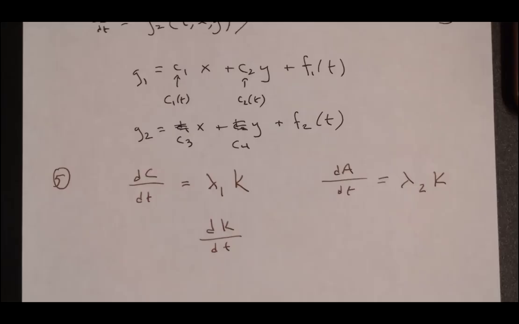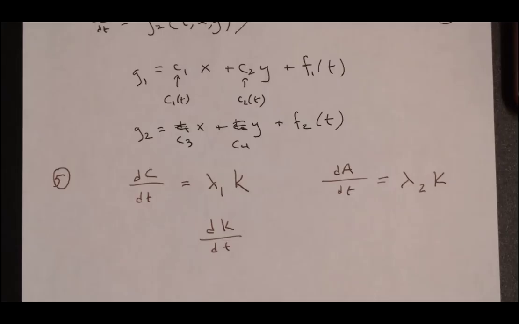I start with some potassium. I mashed up all my bananas and got it out. I mashed the potatoes, got it all out. Some of it's going to turn into calcium, and some of it's going to turn into argon. What about the rest? The rest just stays there, right?